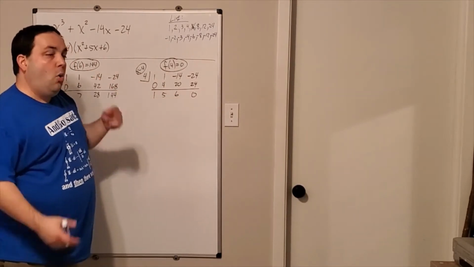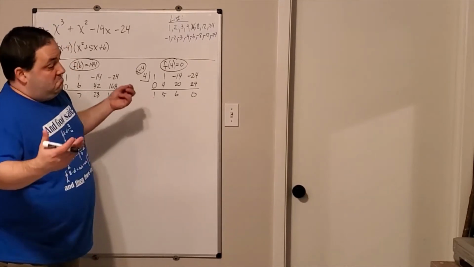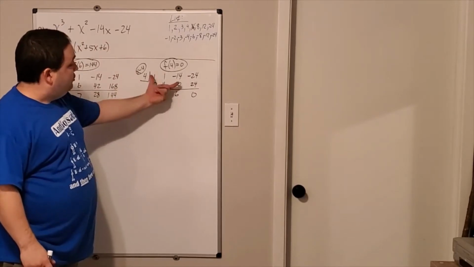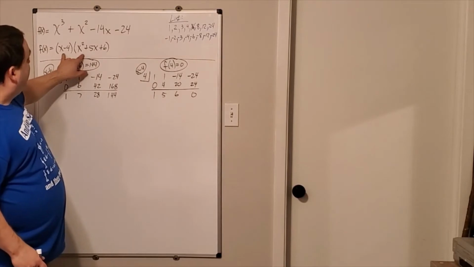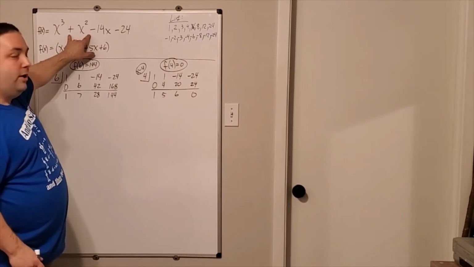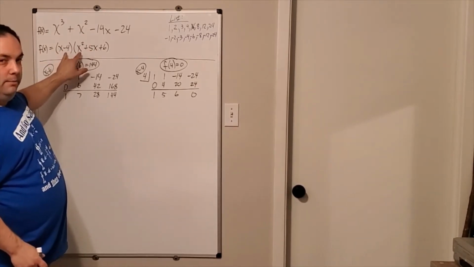If I know, or if I think I know, another good guess, or maybe I just want to try another guess, you don't have to go back to the original numbers. It's just like in factoring. If I was going to try factoring this further, I wouldn't go back up to the original polynomial and try to break off a different piece. That wouldn't make sense. I've already broken it down some, right?